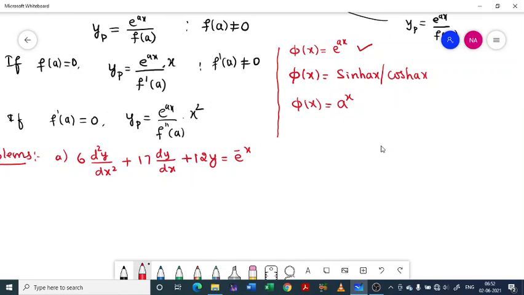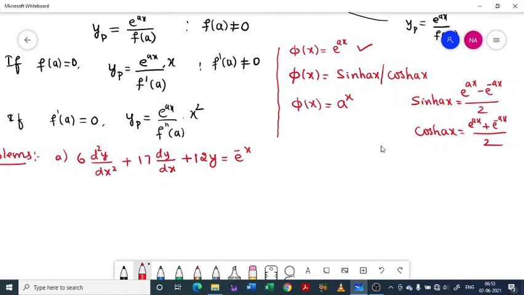So how to apply the method when the right hand side is sin hax or cos hax? You have to use sin hax equals e power ax minus e power minus ax by 2, and similarly cos hax is e power ax plus e power minus ax by 2. So you have to write the hyperbolic functions in terms of exponentials, then apply type 1.